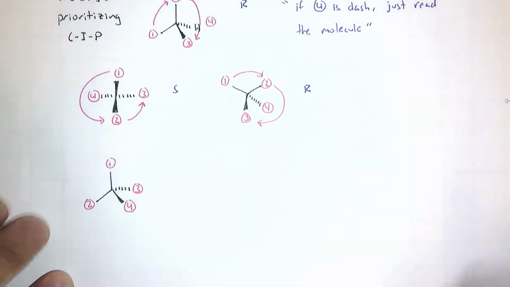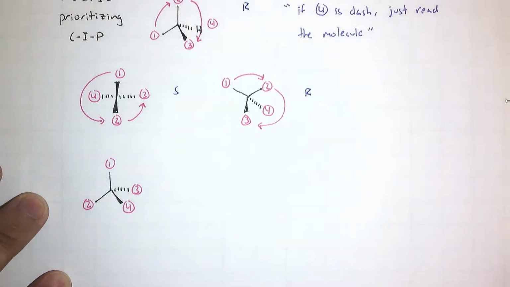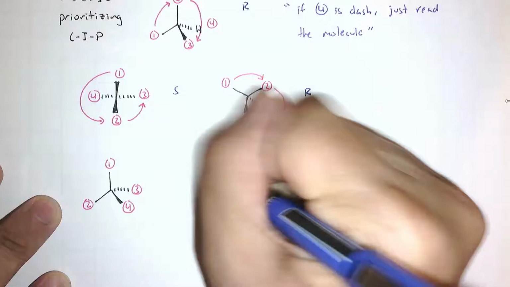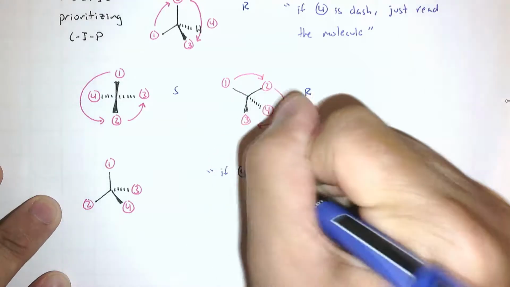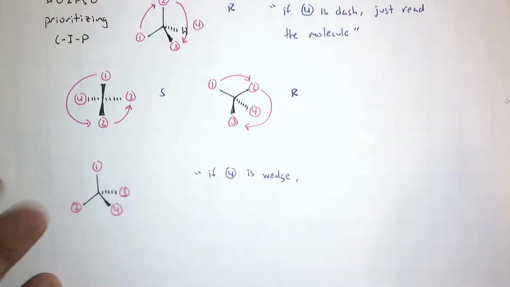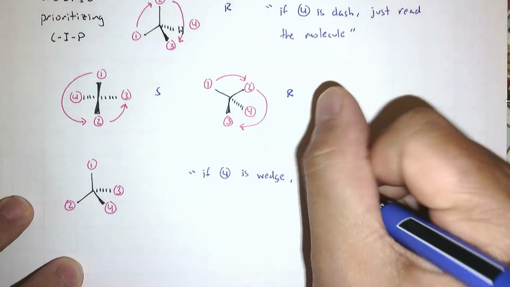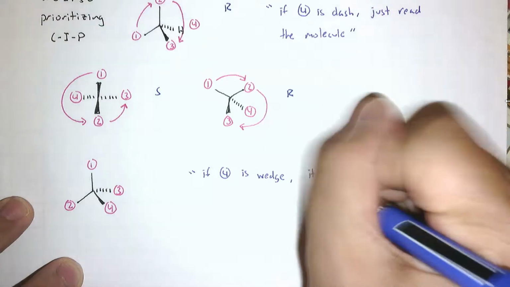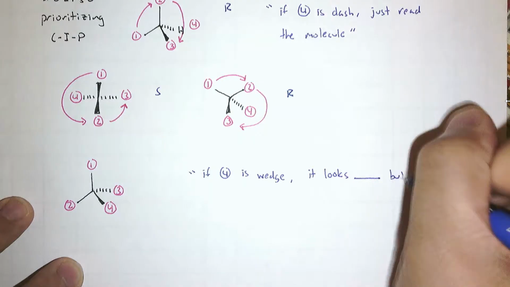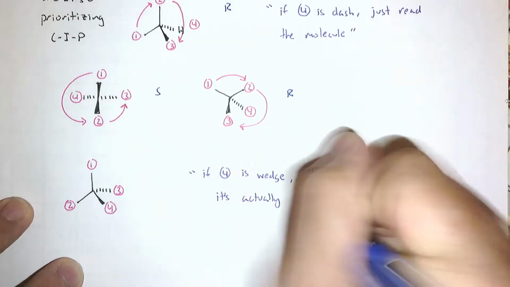So this is different. We have priority number 4 as a wedge. I have another phrase that will help us. If 4 is wedge, what do you do? If 4 is wedge, this is what I like to say. I tell myself it looks blank, but it's actually blank.